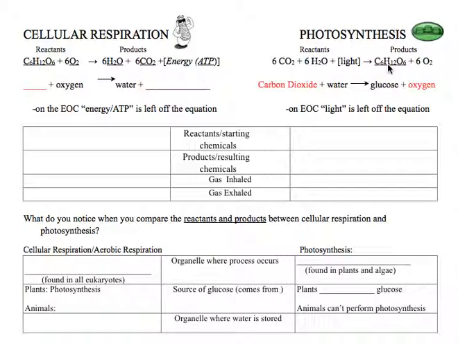And products you're familiar with as in the answer to a math question. So you have the reactants, which react together to create the products, which are like the answers of this equation.